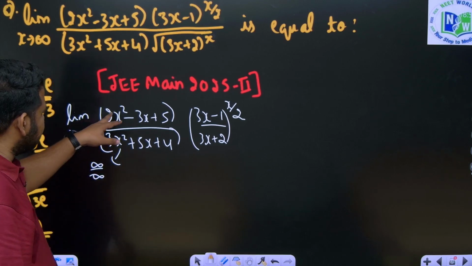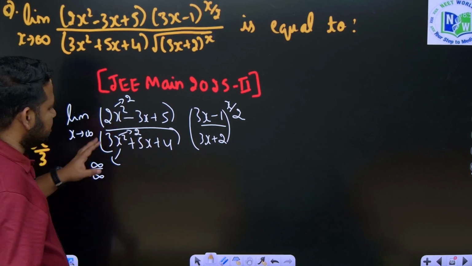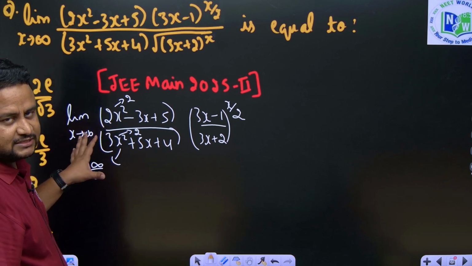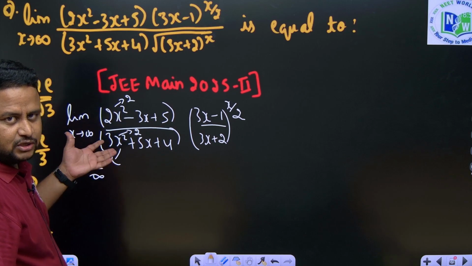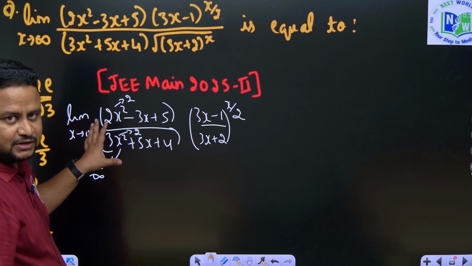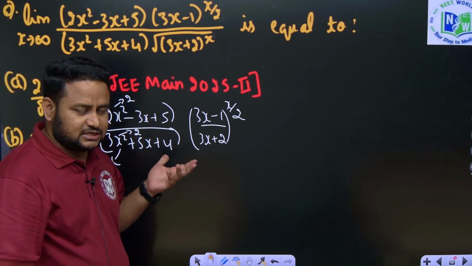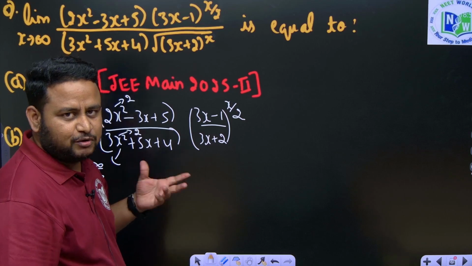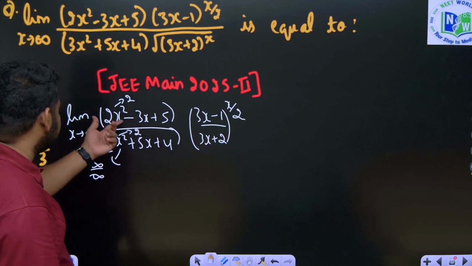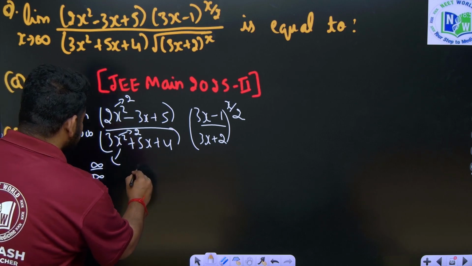See here, friends, the power of numerator is 2, and the power of denominator is 2. When the power of numerator and denominator are the same, I told you in the concept class, if m is equal to n, that is the power of numerator is m and the power of denominator is n, then the limit value will be the coefficient of highest power of numerator divided by the coefficient of highest power of denominator. Here the coefficient of x squared is 2, here the coefficient of x squared is 3. So this will be 2 by 3.